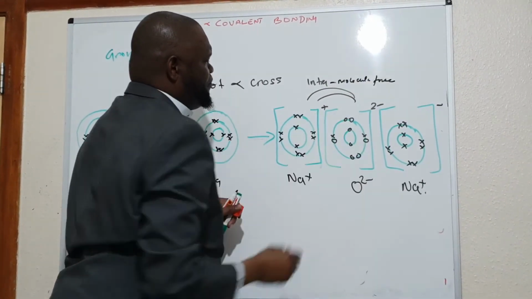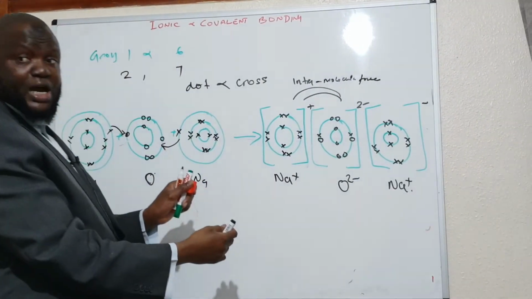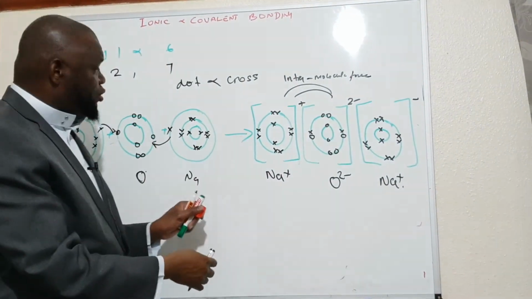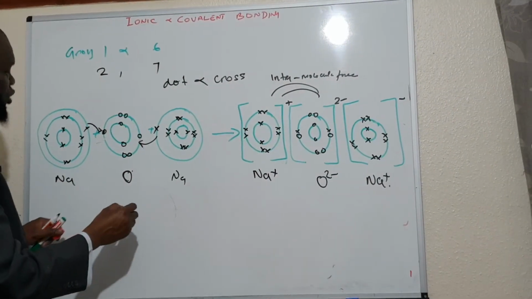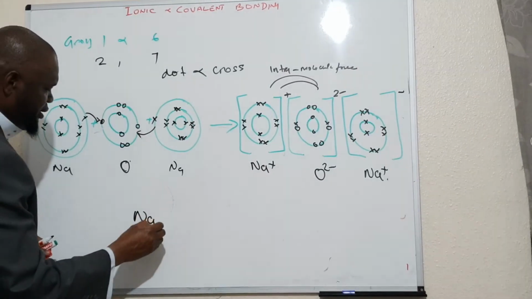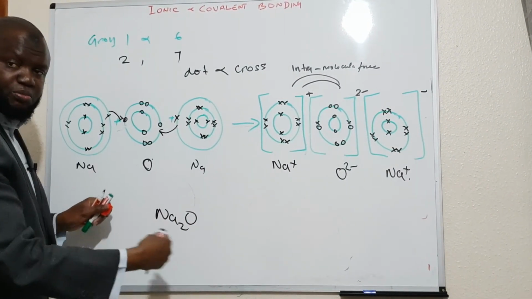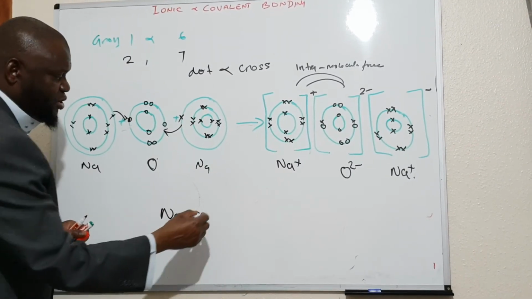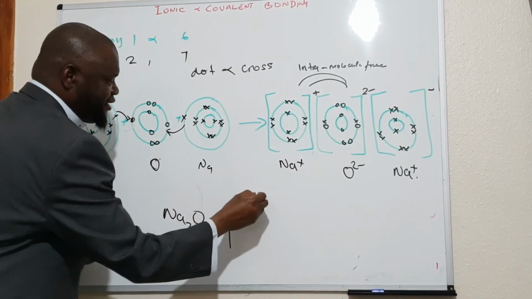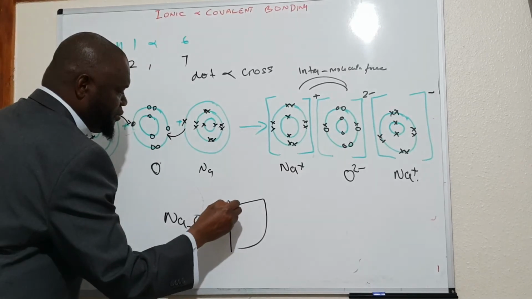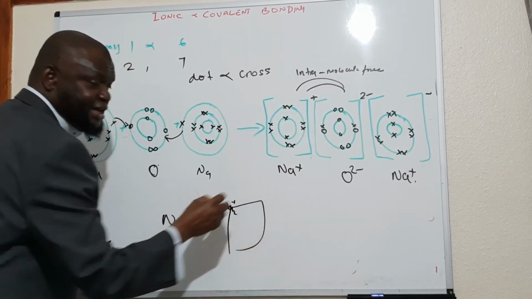Okay. Now, when you have a compound of sodium chloride or sodium oxide, okay, you have a lot of molecules of sodium chloride, yes, sodium oxide, yes, and they'll be in a giant structure, yes, with 2 sodium positive and 1 oxide.